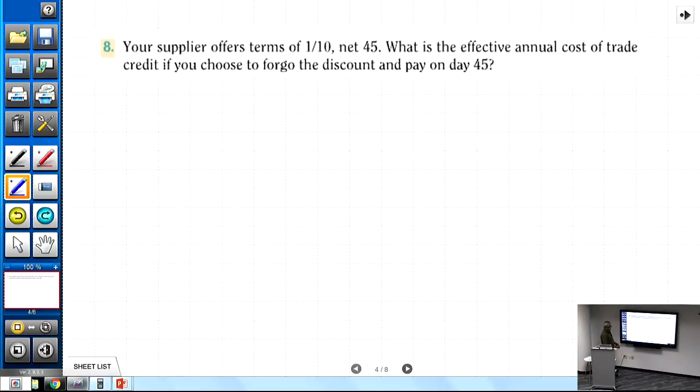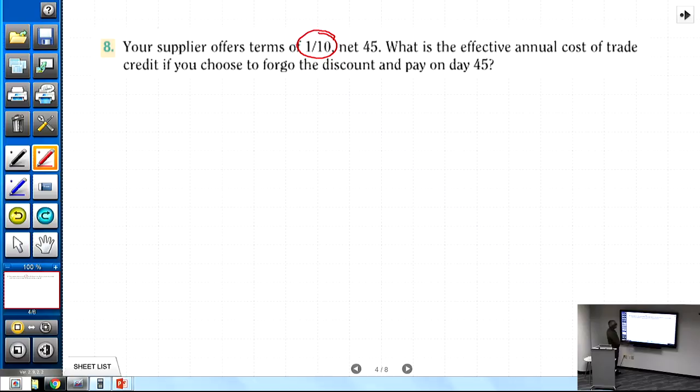Let's look at problem number 8. Your supplier has offered you terms of 1/10 net 45. That means you get a 1% discount if you pay off in 10 days. What is the effective cost of this trade credit that you are receiving if you choose to forego the discount and pay in 45 days?